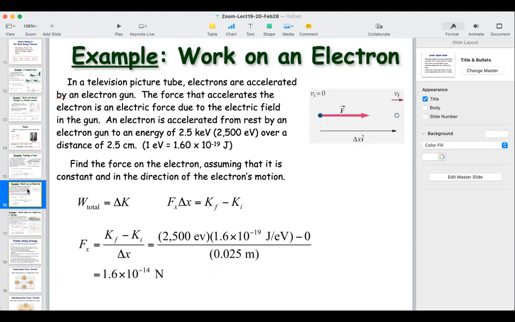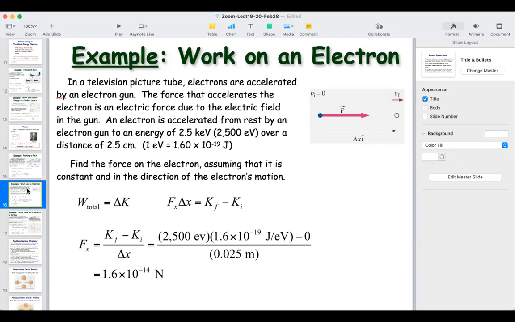Okay, let's see another example. In a television picture tube, electrons are accelerated by an electron gun. The force that accelerates the electron is an electric force due to the electric field in the gun.